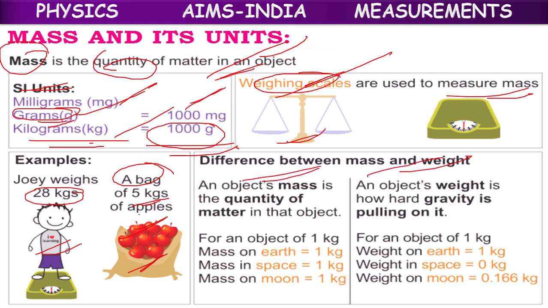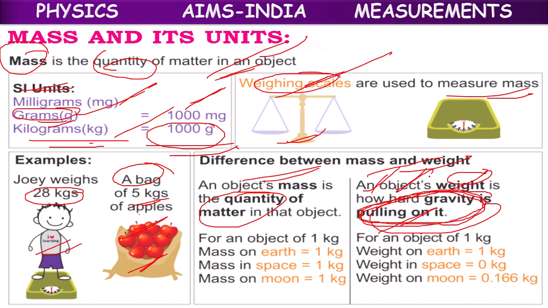Difference between mass and weight: mass means quantity of matter. Weight means the gravity pulling on it, or with what force the gravity of earth is pulling the mass. That force is called weight. Suppose for a 1 kg object, mass on earth is 1 kg, mass in space is 1 kg, mass on moon is 1 kg.